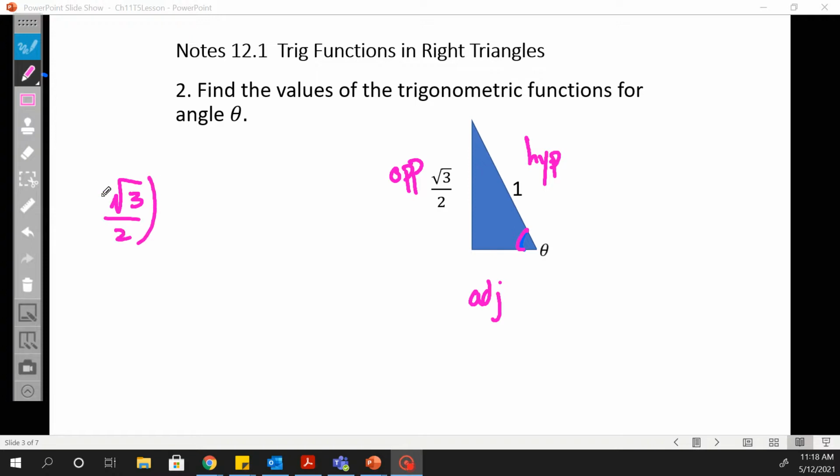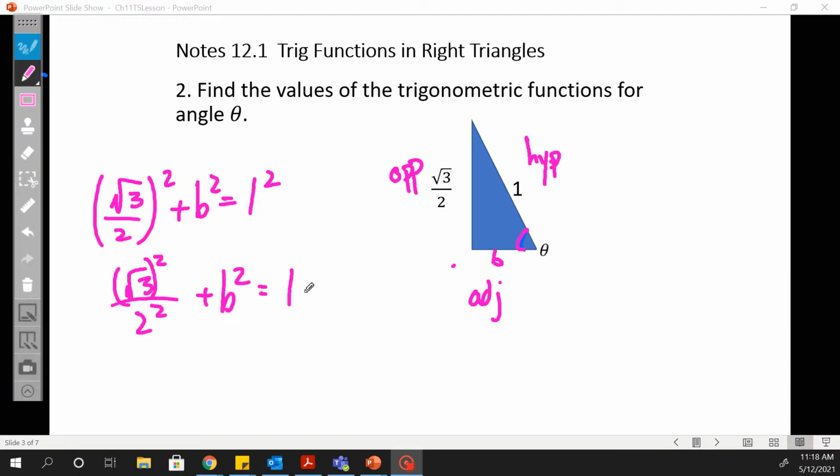So a squared plus b squared is equal to c squared, so 1 squared. Okay, so this is square root of 3 over 2, squared, plus b squared is equal to 1. So that's just 3 over 4 plus b squared is equal to 1.